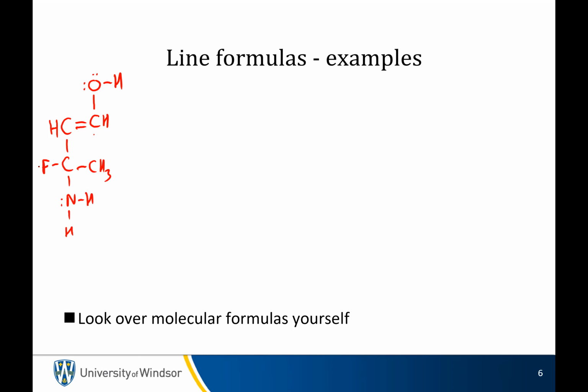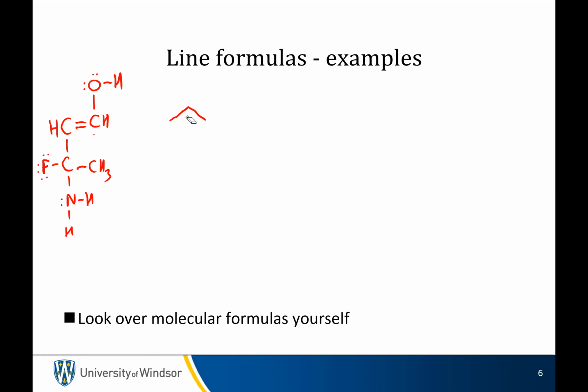I like fluorine. That takes a lot of pencil drawing. If we try and draw that out using a line angle formula, what we generally want to do is draw this angle as about 120 degrees. That's just because it's a nice angle. It's not because that is the bond angle. The bond angle is not 120. We're going to come back to it's 109. But for drawing, it's convenient.